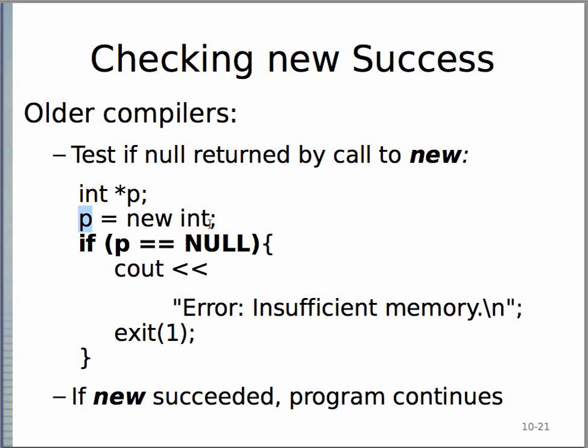But if it didn't work, let's say you used new so many times that just trying to allocate 4 bytes fails, which is possible if you used up all the memory, then p will have the value null, and so you would do something like this. You would say cout insufficient memory and exit the program. People don't do this every single time. It's a good idea to actually check whatever new gives you, but most of the time I think you're okay.